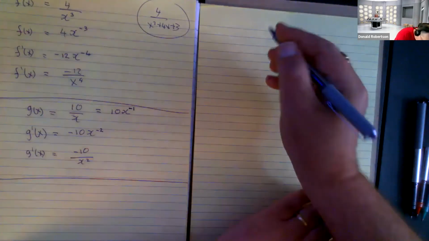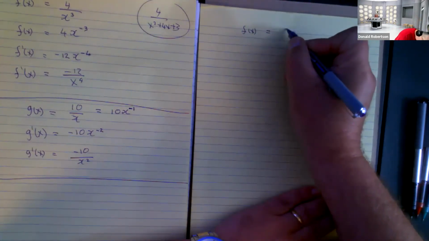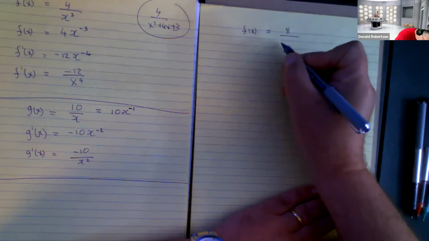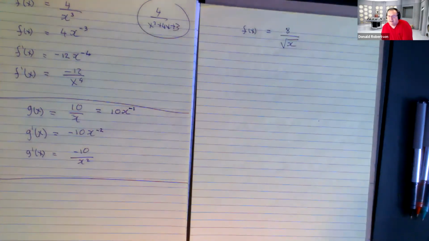By that, I mean, let's differentiate a fraction where the denominator is a radical, like cube root of x or square root of x in this case.